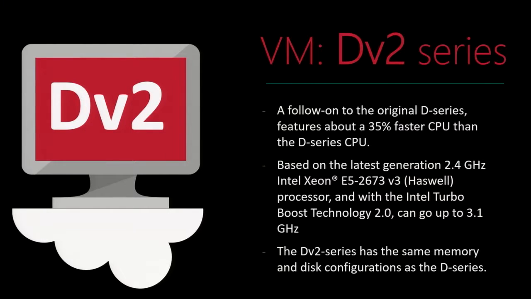Again, they're not with SSD because they're not the DS. But they're a newer generation of processor, which is 35% faster than the D series version 1s. But it has basically the same memory and disk configuration as the D series. It's just that they've got a faster processor.